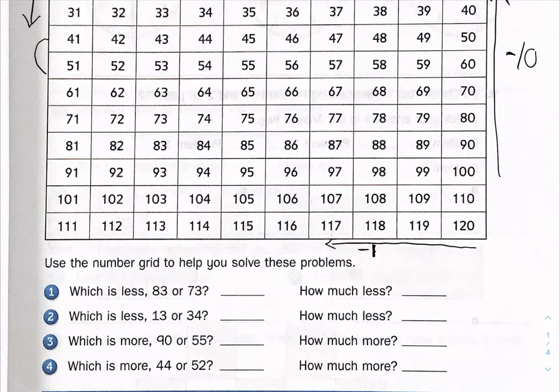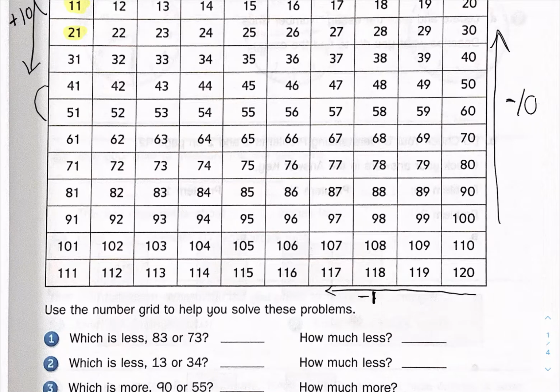Moving on, let's look at number 1. The directions say to use the number grid to help you solve these problems. So, looking back at the grid and remembering that the numbers at the top are smaller than the numbers at the bottom.